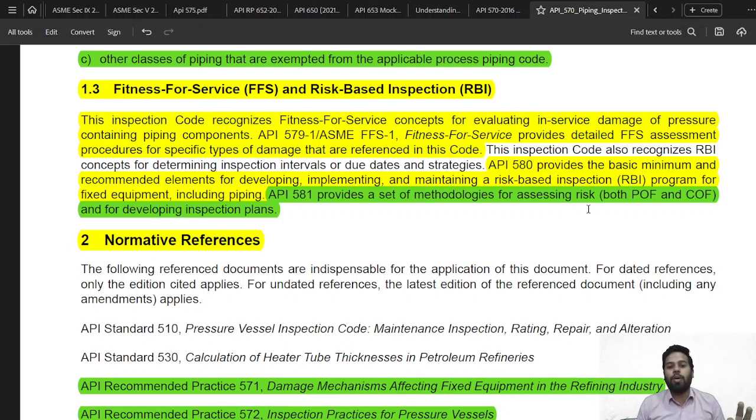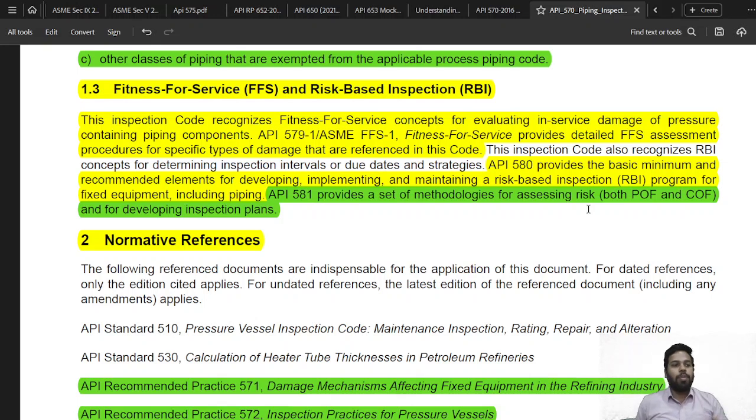This inspection code recognizes fitness for service concepts for evaluating in-service damage of pressure containing piping components. So API 570 recognizes the fitness for service approach. API 579-1 and ASME FFS-1, that is fitness for service, provide the detailed FFS assessment procedure for specific types of damage that are referenced in the code.